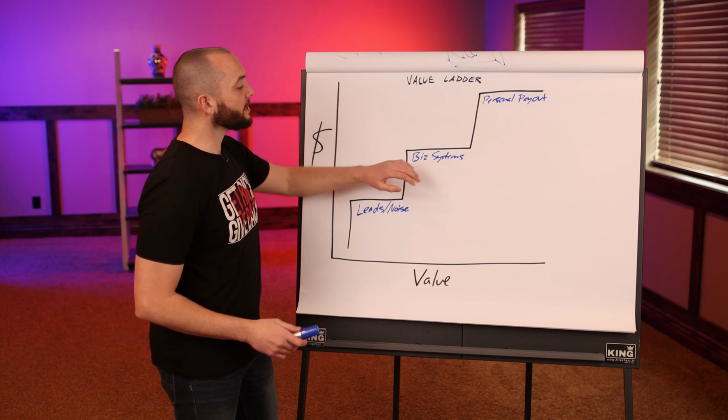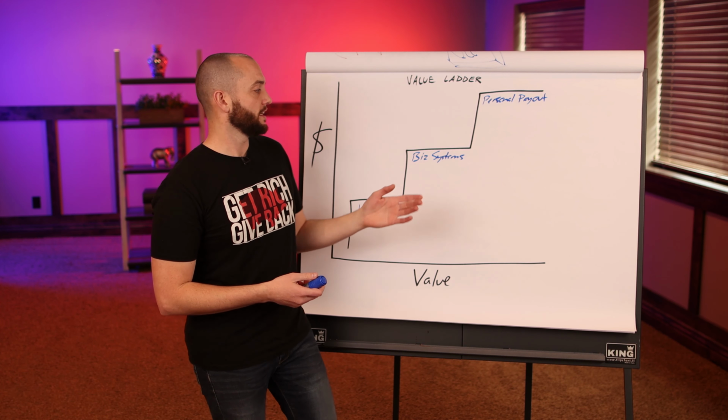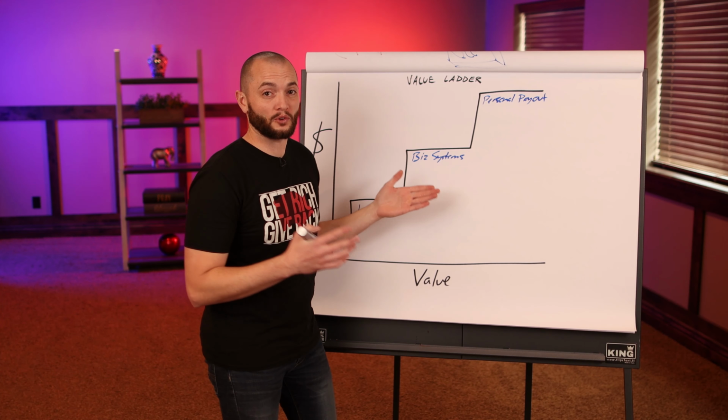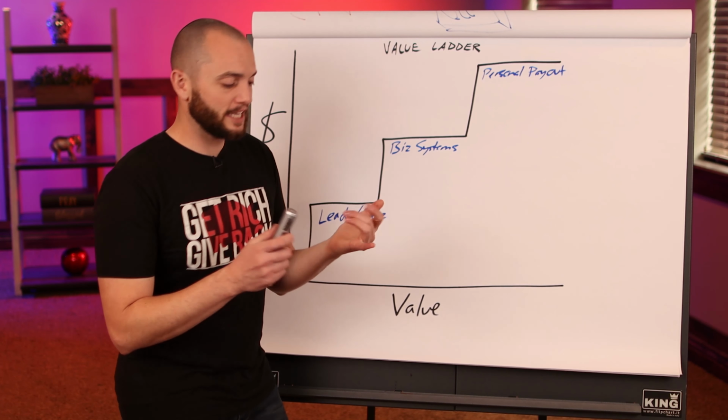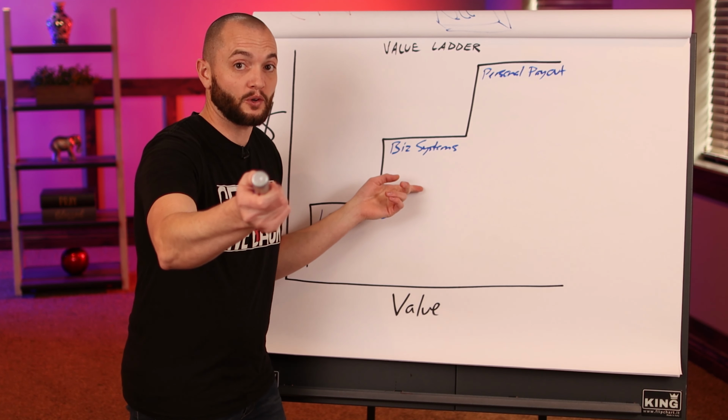What's the middle though? Whatever you went into your entrepreneurial journey to do is the core of your business, right? That pays for your business systems. This keeps the doors open. This keeps people paid. This covers whatever business costs you've got going on. This pays you your salary.